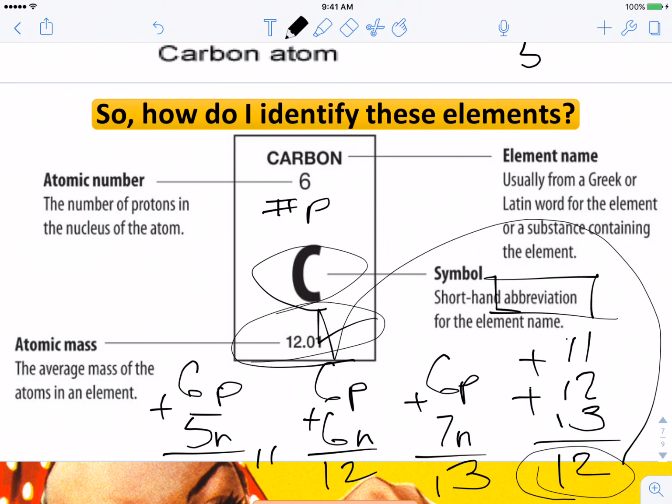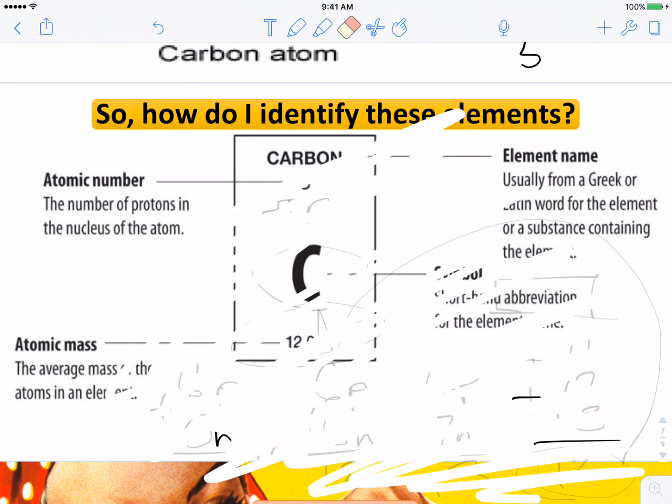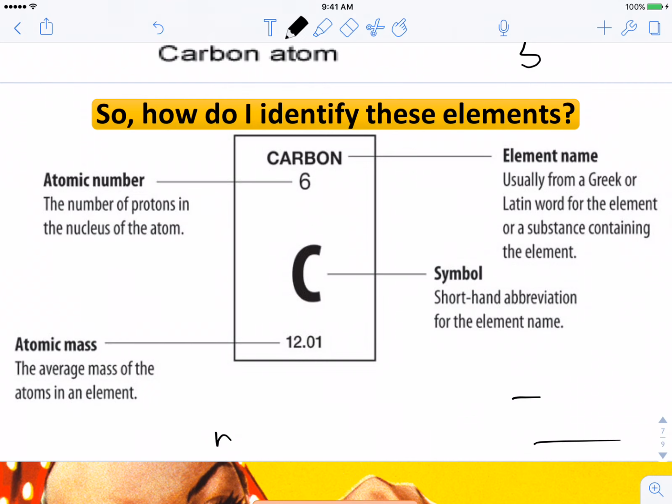Now, a funny thing about the symbol: some elements actually have a different chemical symbol than the name. One example would be potassium, which is abbreviated by a K, but potassium is spelled with a P. Why?